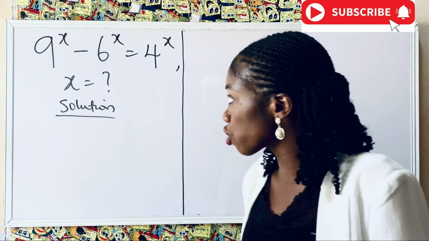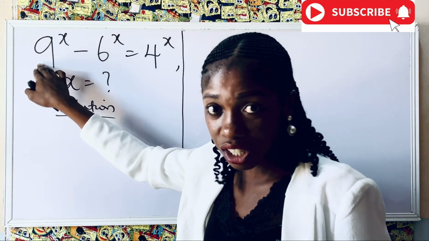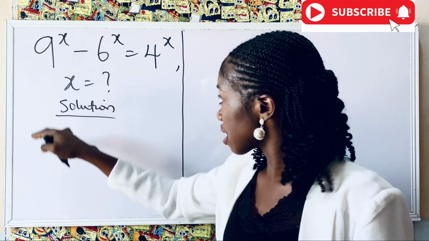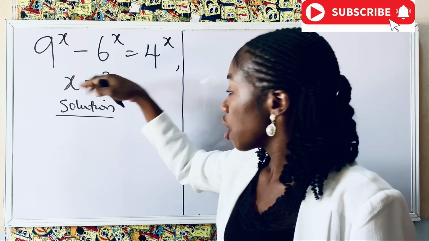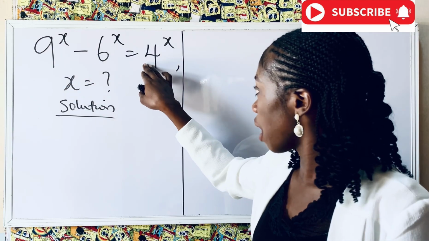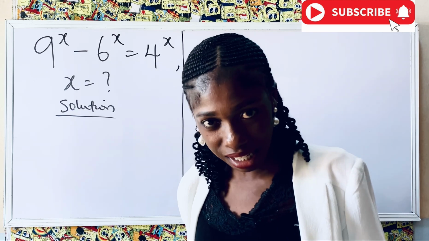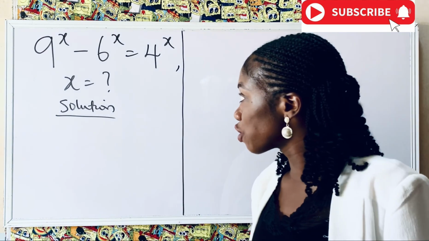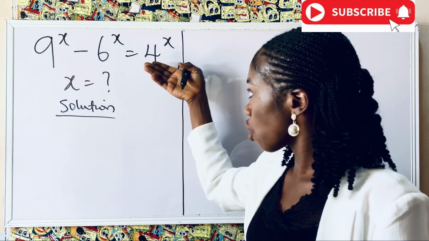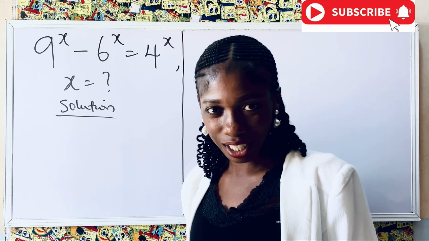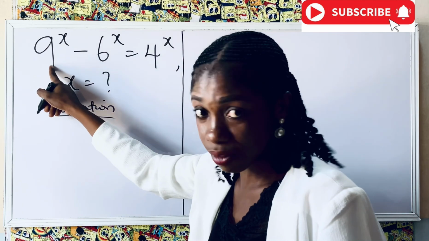A student can choose to divide each of these terms by 9 to the power of X. Another can choose to divide by 6 to the power of X. Another can choose to divide by 4 to the power of X. All of these will give you the same answer. Today, we are going to use 9 to the power of X to divide each of the terms, okay? You can try these other ones and let us know what you get in the comment section. So let's do this. Divide each term by this value here.